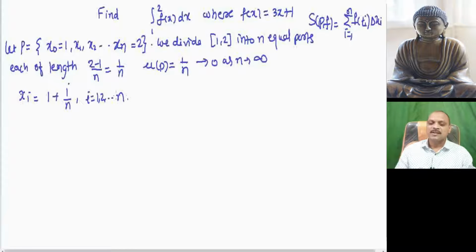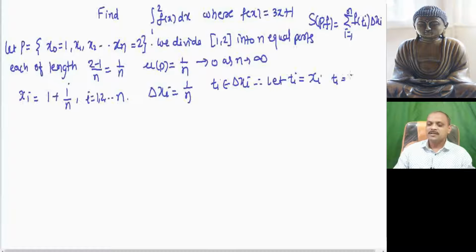This is the point we have taken from each sub interval, and you can see that the length of each sub interval is 1 by n, so delta xi is also 1 by n. Now this ti belongs to the sub interval, therefore consider ti equal to xi for definiteness.